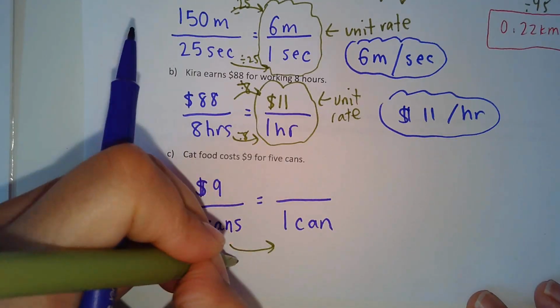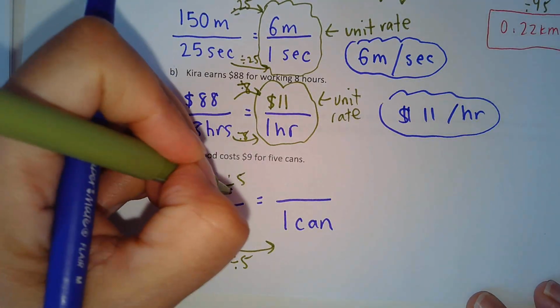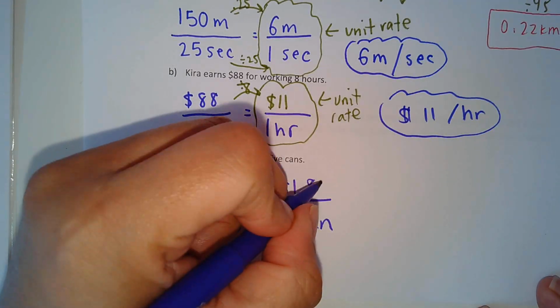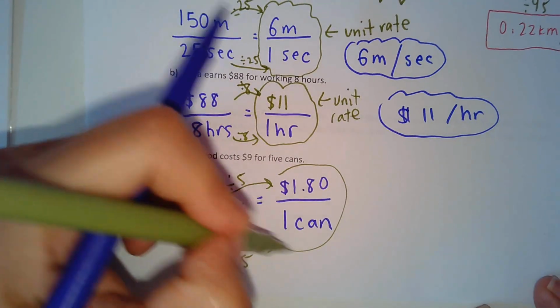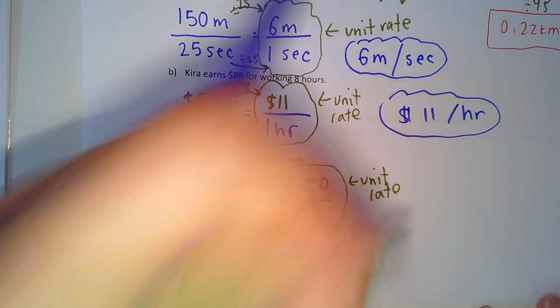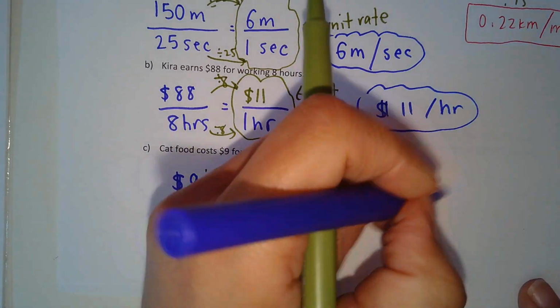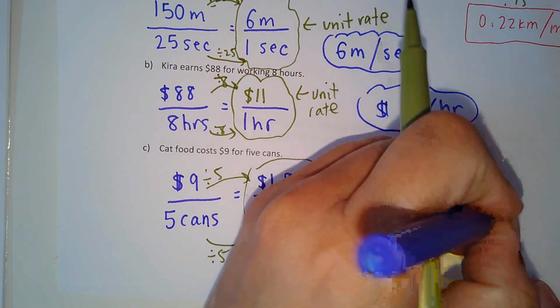So we divide it by 5, and we divide the top by 5 as well. And we end up with $1.80. So here's my unit rate. And a fancier way to write that out is $1.80 per can.